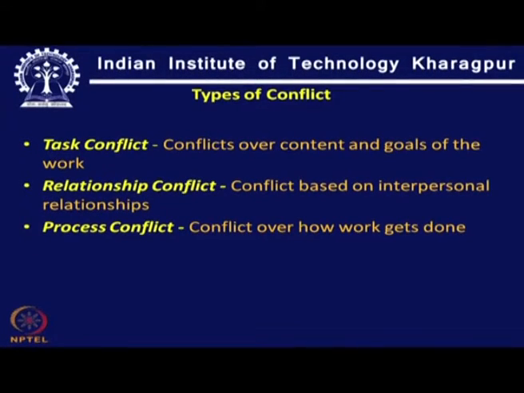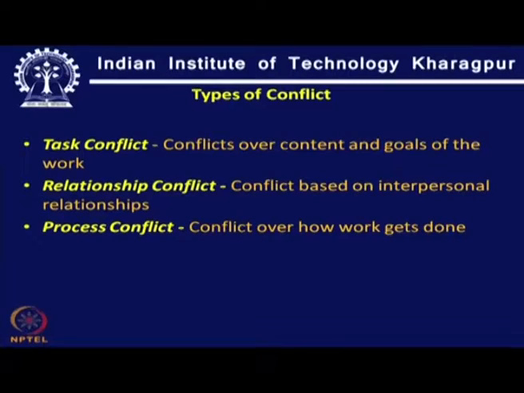The types of conflict that are faced in the organization could be classified under three broad headings: task conflict, relationship conflict, and process conflict. Functional conflict is more about task conflict and process conflict, which is a rational way of looking at conflicts.